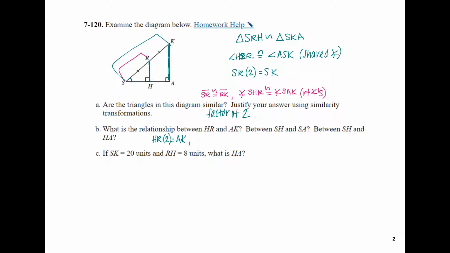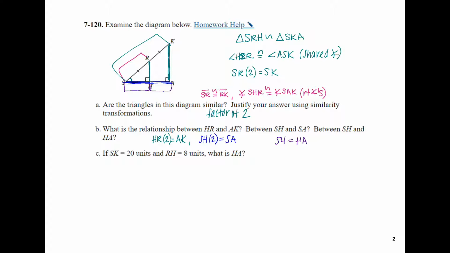Between SH and SA, we can say that if we multiply SH by 2, it should equal line segment SA. And when we look at the relationship between SH and HA, we should be able to say that SH is equal to segment HA.